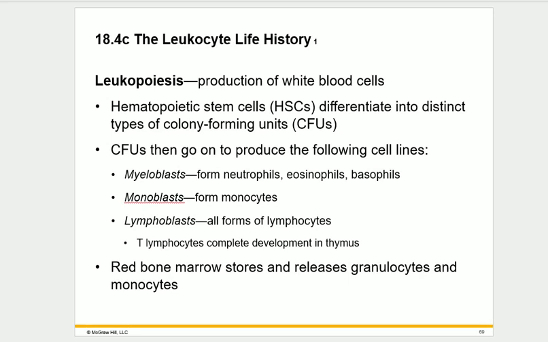Now we move on to leukopoiesis, the production of white blood cells. It begins with the same hematopoietic stem cells, the HSCs, as erythropoiesis does. Some HSCs differentiate into distinct types of colony-forming units, right? Those CFUs that we were talking about earlier, that go on to produce the following cell lines: myeloblasts, monoblasts, and lymphoblasts.